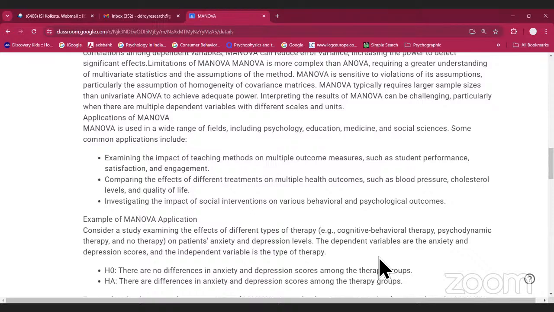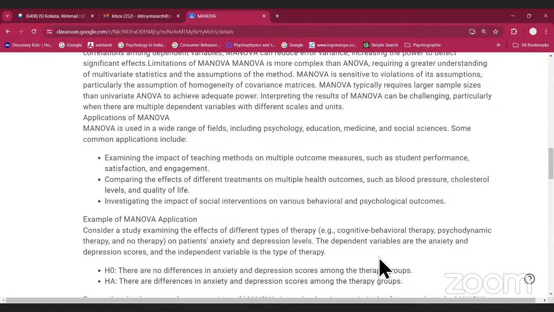Comparing the effect of different treatments on multiple health outcomes such as blood pressure, cholesterol levels, and quality of life. Investigating the impact of social interventions on various behavioral and psychological outcomes.